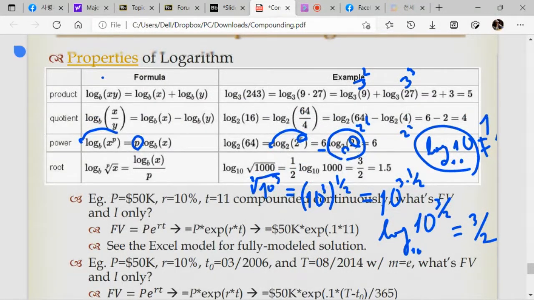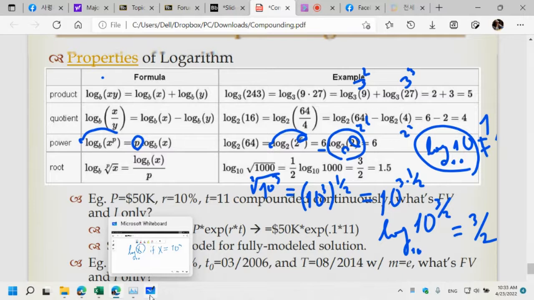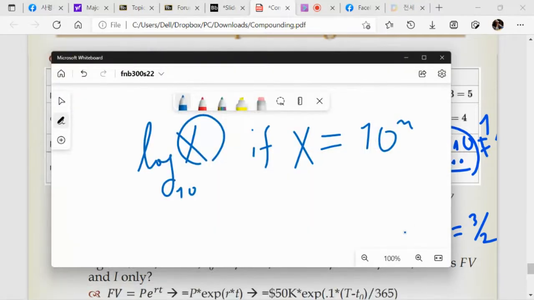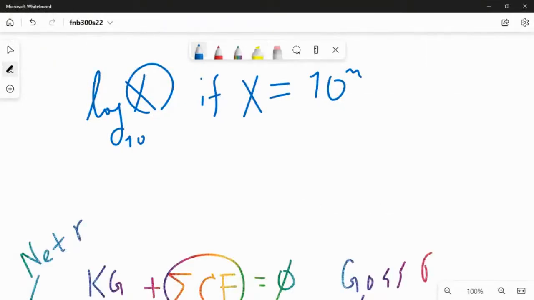This thing is 1, right? Why is it? Okay. So that property of log can be used nicely, right?